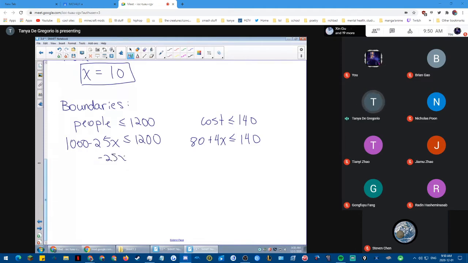Okay, so I have negative 25x is less than or equal to 200. I now divide both sides by negative 25. Who remembers what happens when you divide an inequality? You flip it, right? Yep, you gotta flip it.